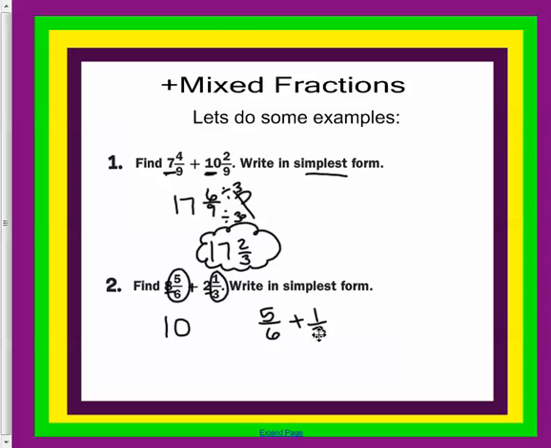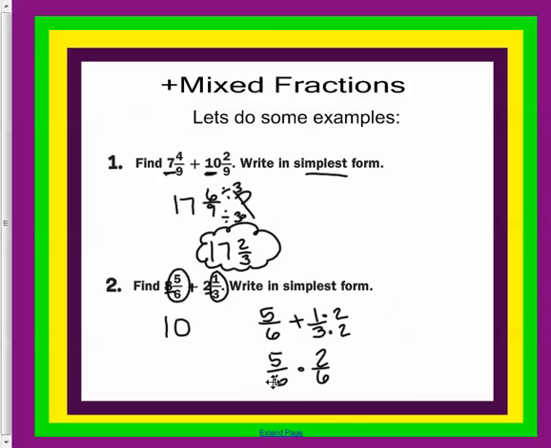Somebody's getting a bigger piece while somebody's getting a smaller piece. So I have 5/6, and I know that I can change this 3 into sixth by multiplying them each by 2. So I am making this 1/3 now into its equivalent form of sixth, which is 2/6.